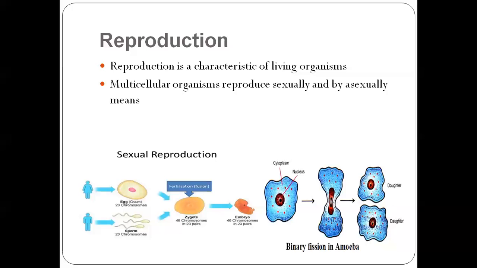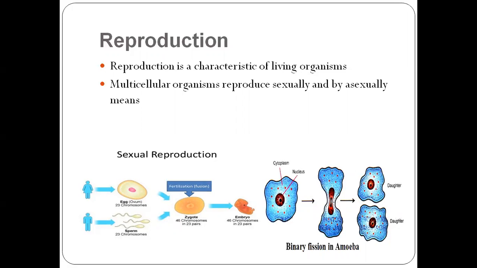What is reproduction? We know reproduction is a very important physiological or biological mechanism by which a species produces offspring of its own. In reproduction, there are two categories of organisms: organisms undergoing asexual reproduction and organisms undergoing the sexual mode of reproduction.